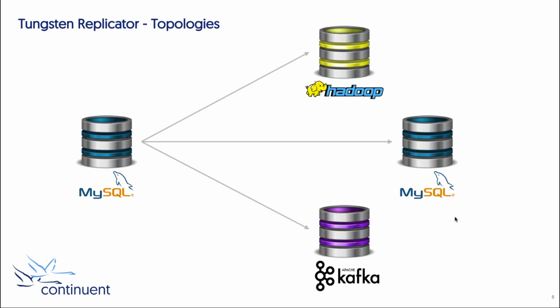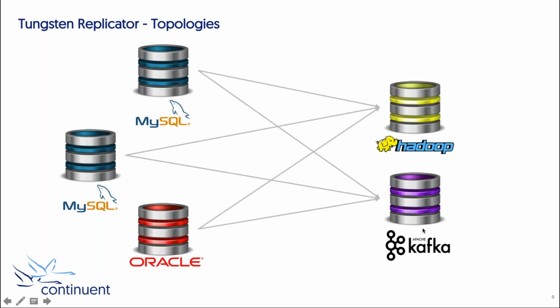The applier knows what it's applying into, be it Hadoop, MySQL, or Kafka, and will apply appropriately to that target. So this is a great example of how we can have one extraction and feed multiple targets. These could all be 3 MySQL instances, they could be 3 Oracle instances, they can be any combination of the targets that we support.